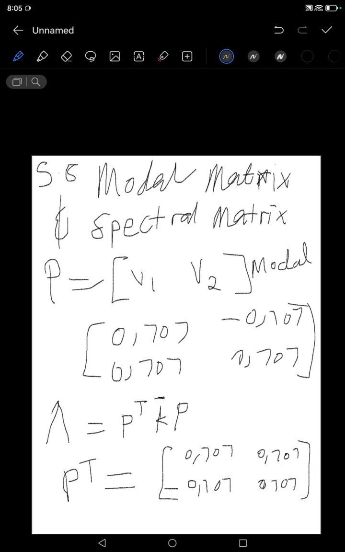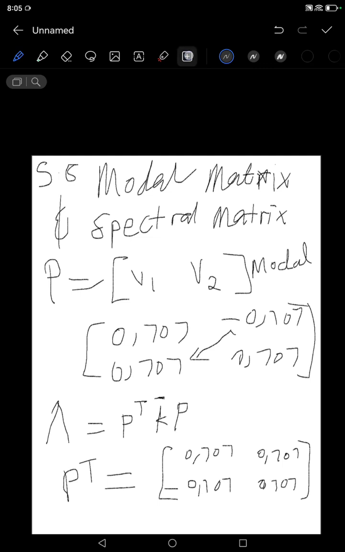You just swap these two and take this negative to here. P to the power of T is the inverse of the modal matrix. You take this matrix for P to the power of T, and you will know the matrix of normalized stiffness and also the matrix of P.